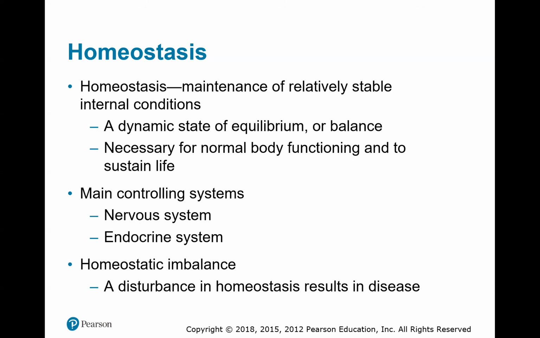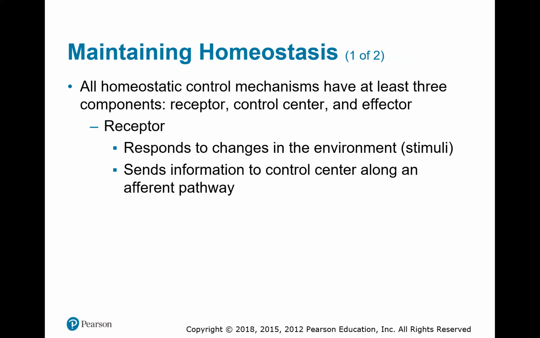So we have to maintain a homeostatic balance, this internal stability. The main control systems are going to be the nervous system, as well as help with the endocrine system for hormonal changes and hormonal balance. And like I said, if you disturb this balance, it can result in disease, and if left untreated, it can result in death.